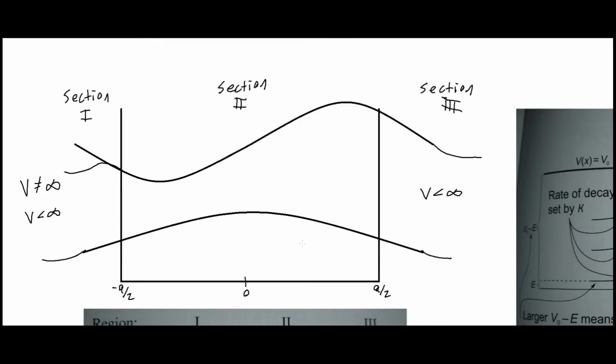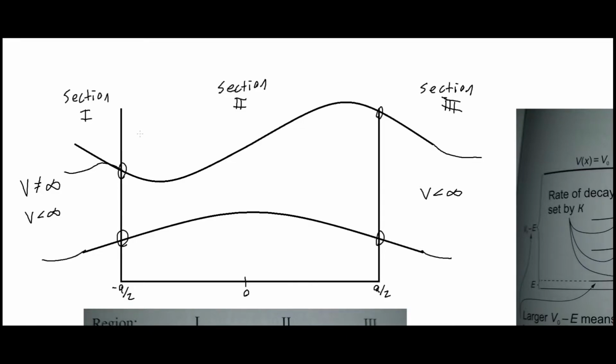But what we're interested in is right here at the edges where we go from being in the zero potential here into this finite potential here. And so these right here are not zero.